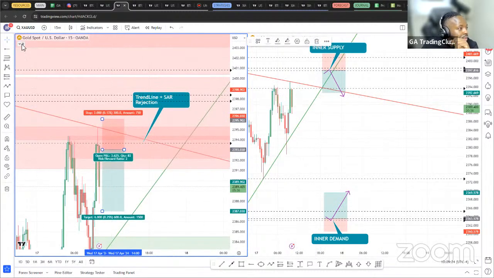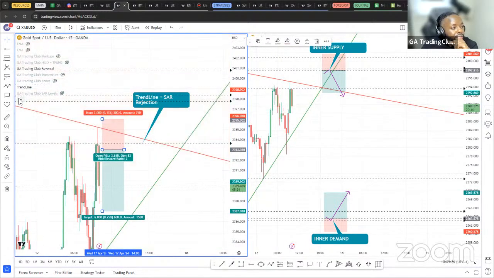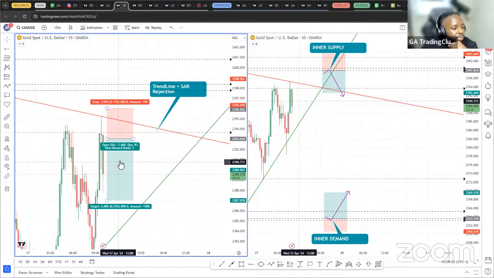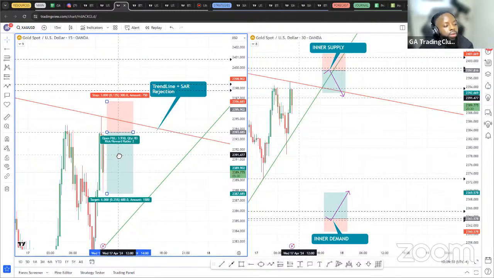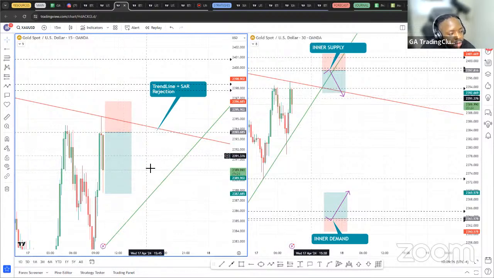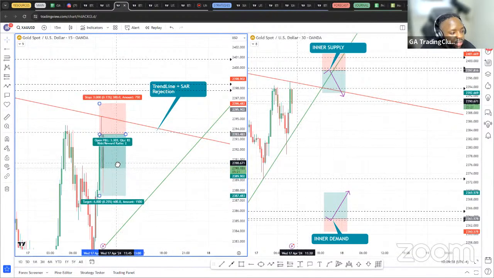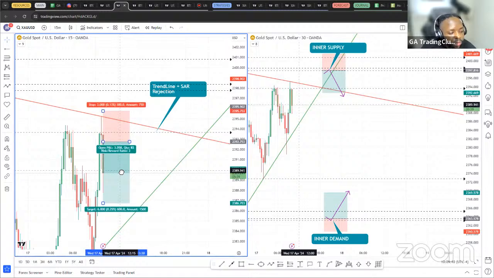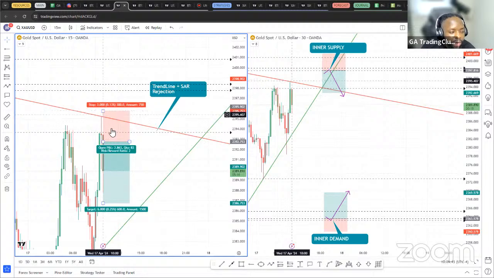Let me give you this example. Let me turn this off. When we were doing the SAR strategy by itself, for example, assuming this was an SAR zone here, you would want to see where somebody who did not wait for a retracement would be achieving a 1:1 risk to reward, and at what point they would be at break even.